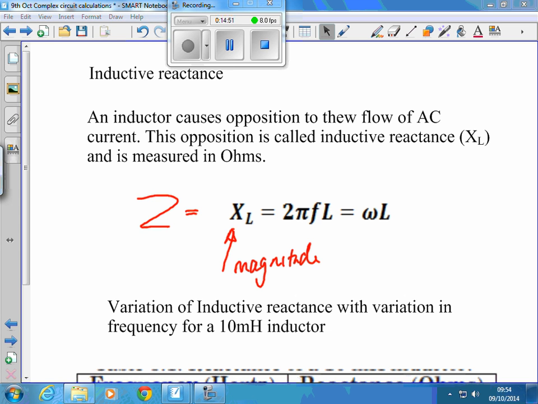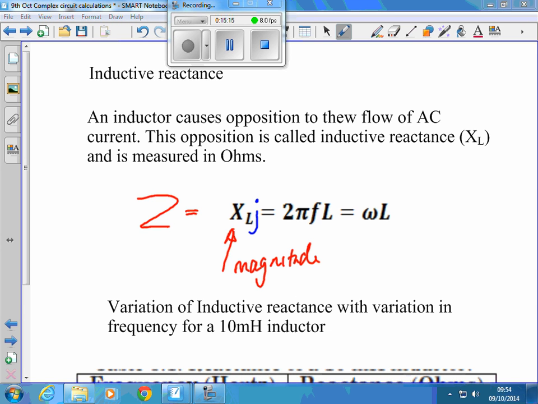So the size of the impedance is XL ohms. If we're going to talk about that, we would add the j to make it the impedance. Then it's got its angle. So XL is the positive imaginary part of an impedance.